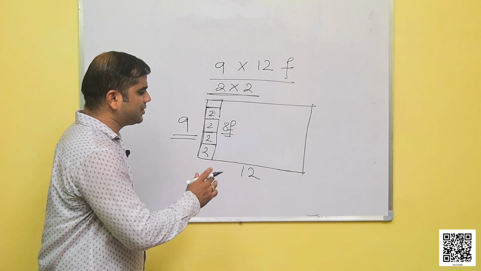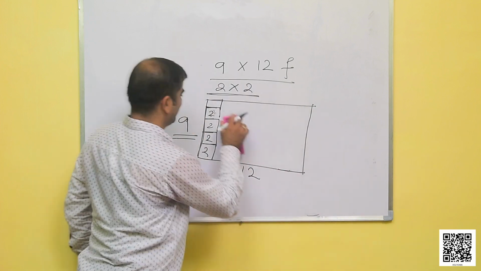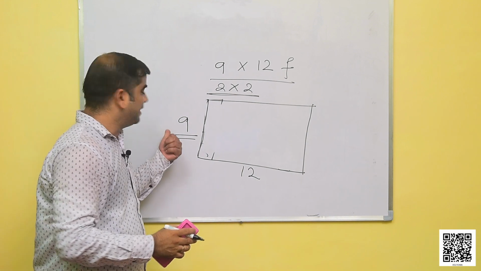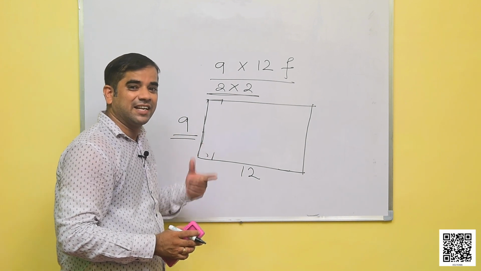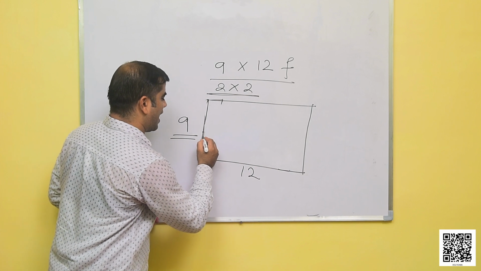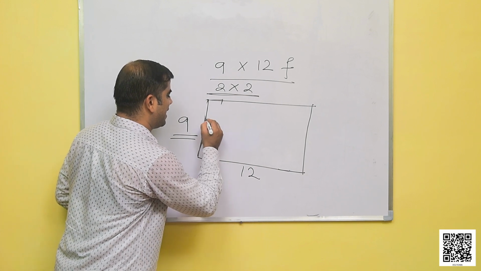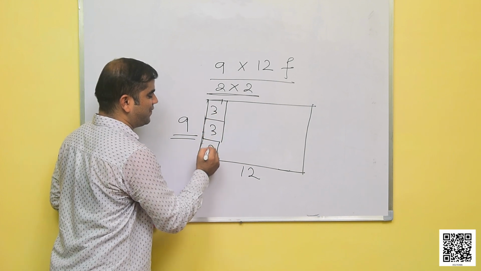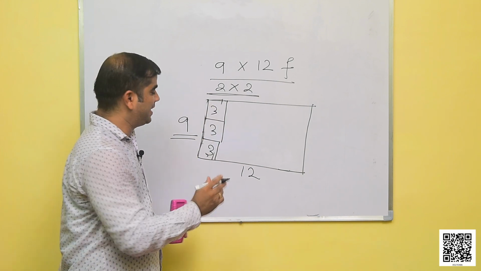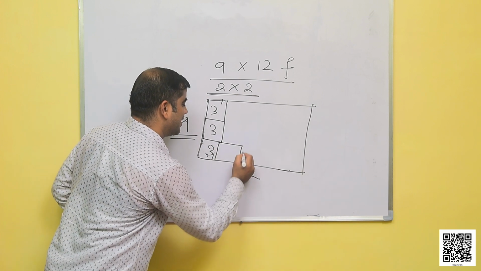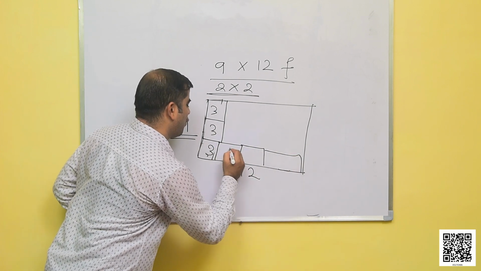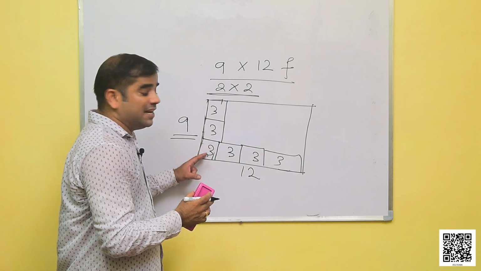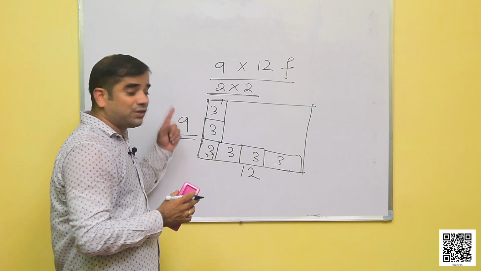What happens with 3 feet? Does 9 lie in the 3's table? Yes, 3 3's are 9. So, if I lay the tiles of 3 feet, I will have 3 tiles like this, 3 feet, 3 feet, 3 feet and it can cover 9 feet. Same as length, I have to lay 4 tiles to cover 12 feet. So, I can lay the 3 into 3 feet tiles without cutting.